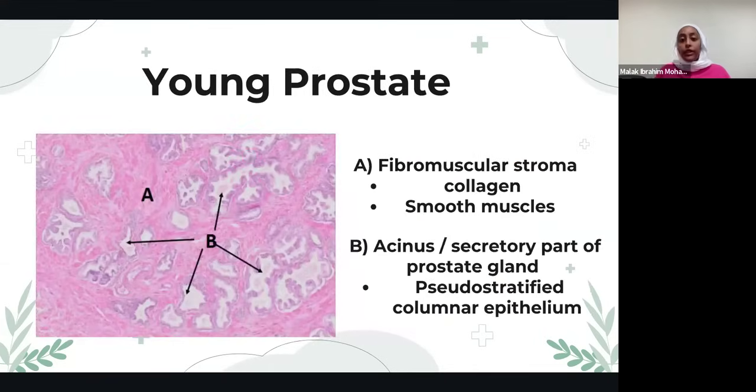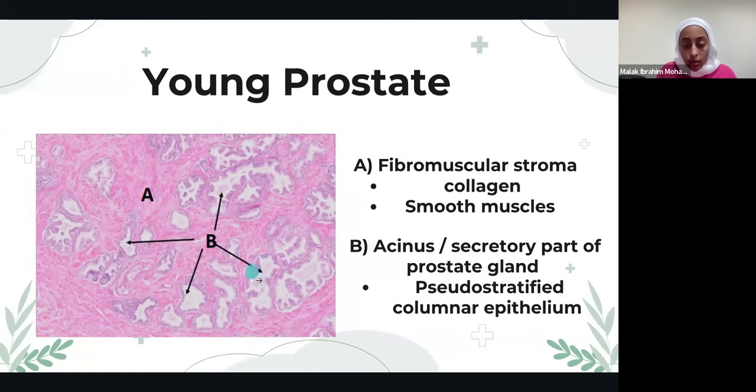Now the histology part. We're going to talk about a young prostate, like a young male prostate, and an old prostate. For the young prostate, there are two parts you have to know. This one is basically the stroma. Any stroma will have collagen and smooth muscle.